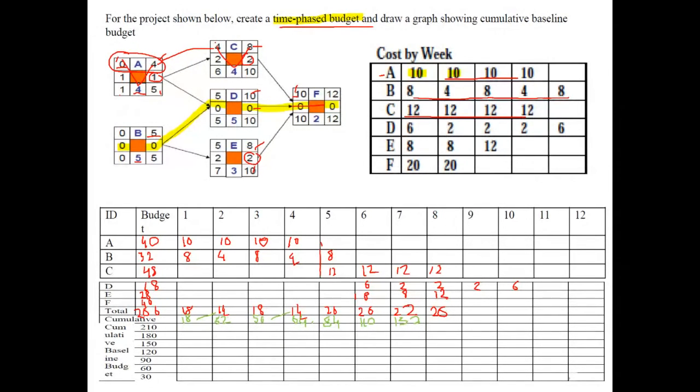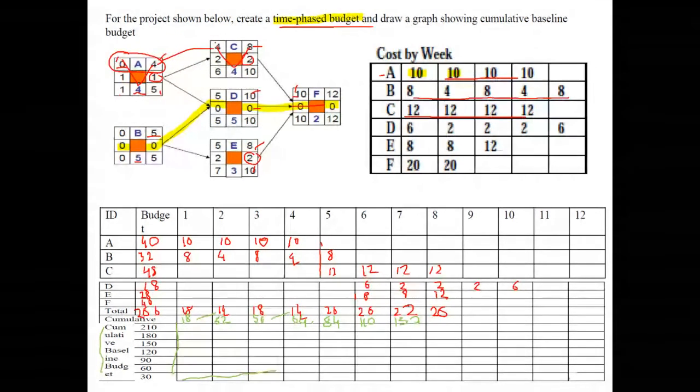Right, so we would be doing a cumulative spend, and once we have the cumulative value, then we have to draw what is called a cumulative baseline budget. So if you assume that this is your y-axis, so by end of week 1 we are spending around 18. By end of week 2 it's about 32, just around here.